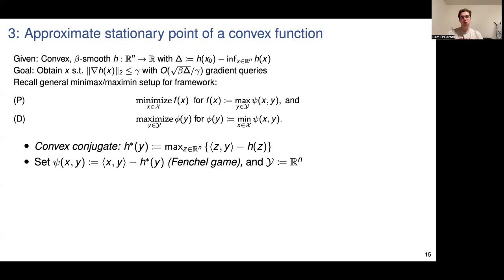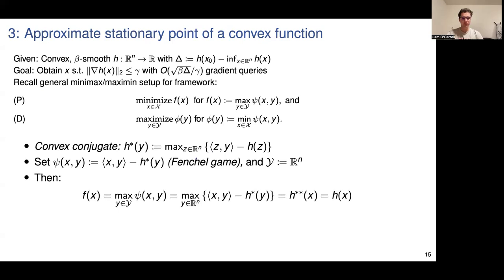And we're going to set the dual constraint set Y to be R^n. Then if we work out what the function f, which appears in the primal optimization problem P, is in this case, it's given by the conjugate of the conjugate of h, which is just h of x. So in other words, the primal optimization problem is exactly minimizing h of x over the primal constraint set X.